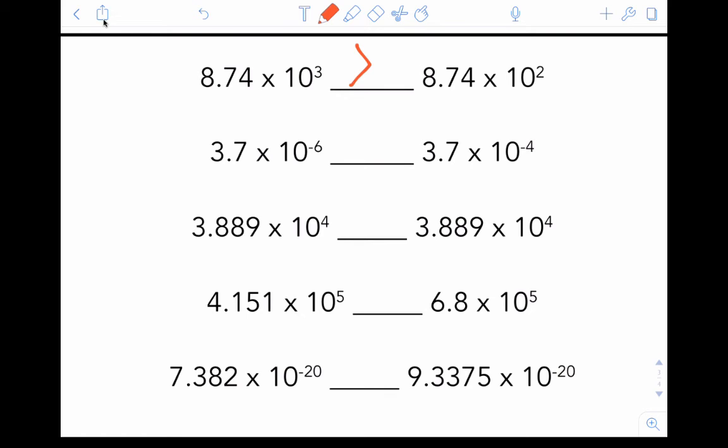My next one, my exponents are negative 6 and negative 4. Negative 4 is larger than negative 6. Make sure you're paying attention with your negatives and don't get that mixed up. So 3.7 times 10 to the negative 6 is less than 3.7 times 10 to the negative 4th.